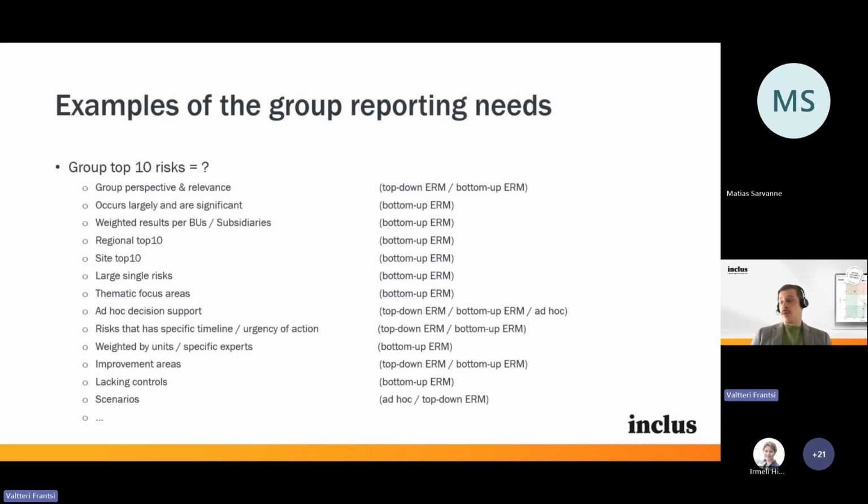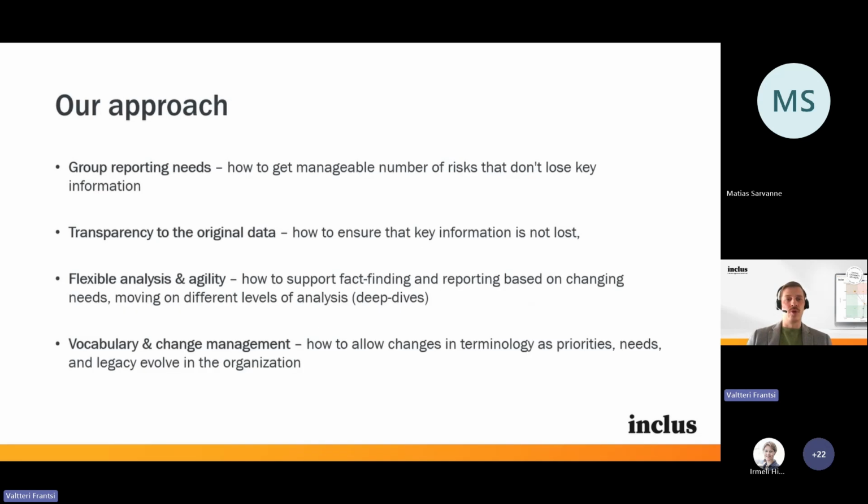It might be that your reporting is based on something that has a specific timeline or urgency of action, maybe specific improvement areas, what is actionable for us, areas where we are lacking control. So of course, this is maybe very familiar to you, but I just want to highlight that these are all things that do affect how we want to then consolidate the report and what kind of features and functionalities we apply in the technological and technical space, so to say.